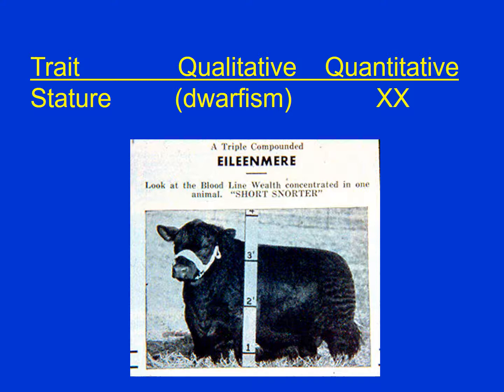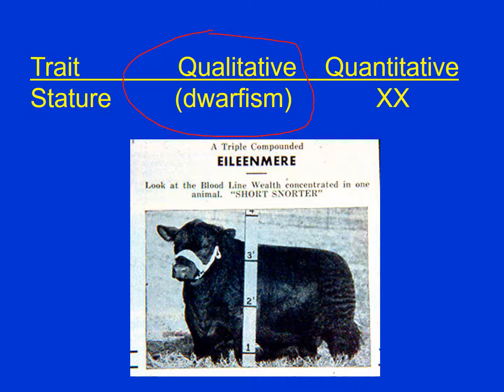And we do have an exception here, and that is in some livestock species, we have a dwarf gene. Here's an example in Angus. This is a mature Angus bull that's only 3 feet tall.